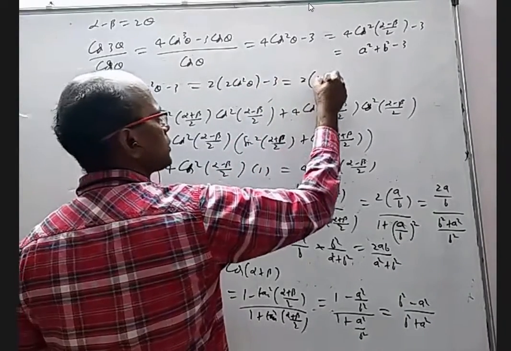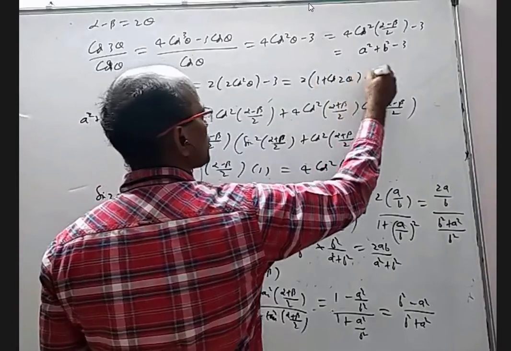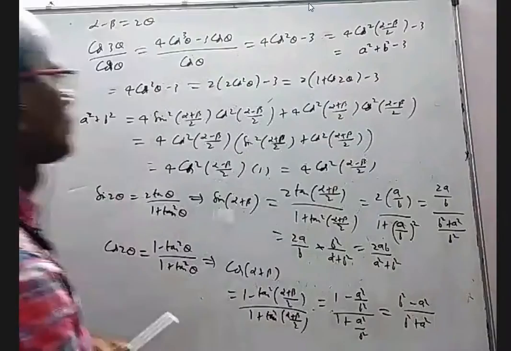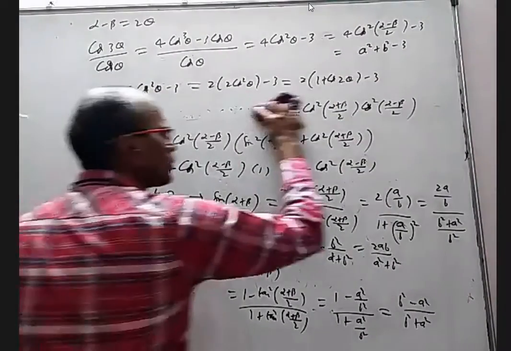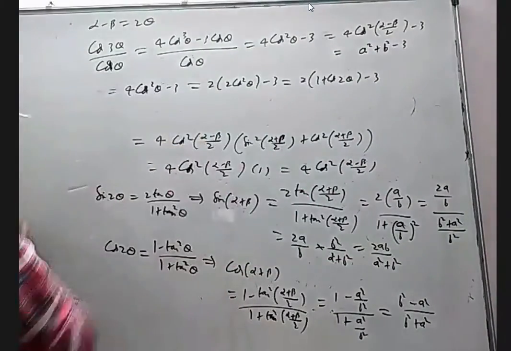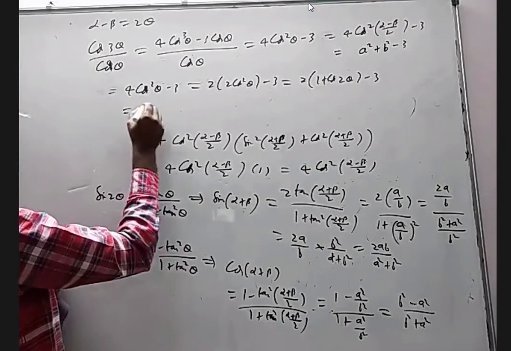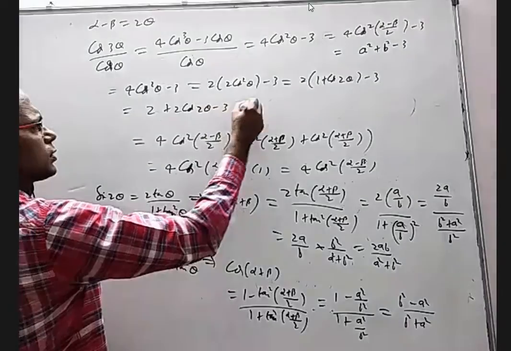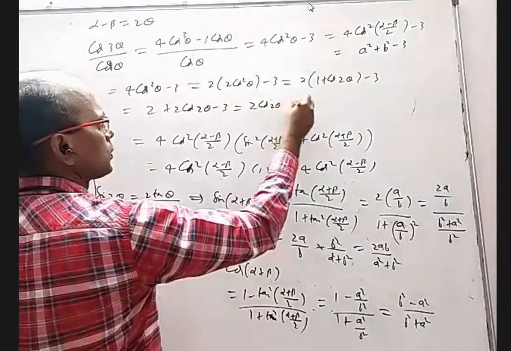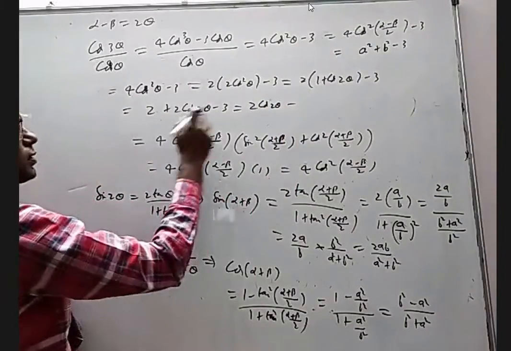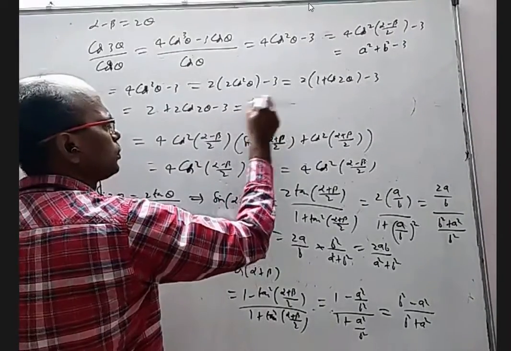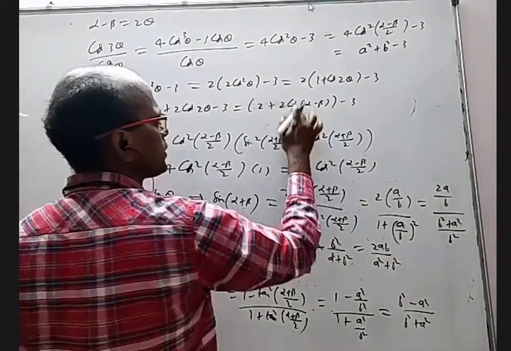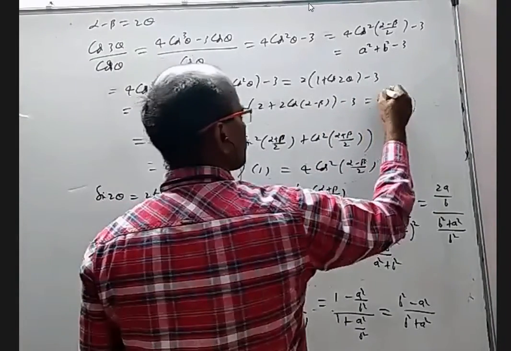And 2 cos square theta is 1 plus cos 2 theta, minus 3. So 2 plus 2 cos 2 theta minus 3. That is 2 cos 2 theta. In fact, I think this is itself 2 plus 2 cos of alpha minus beta minus 3. And this itself is a square plus b square.